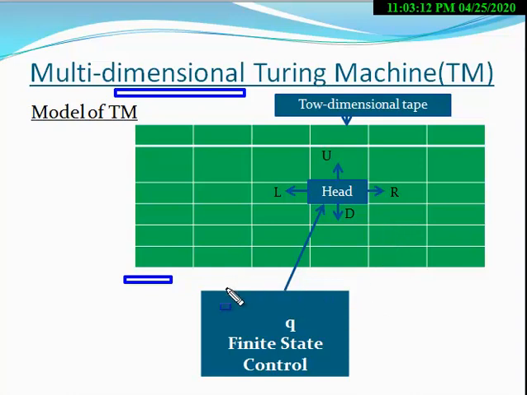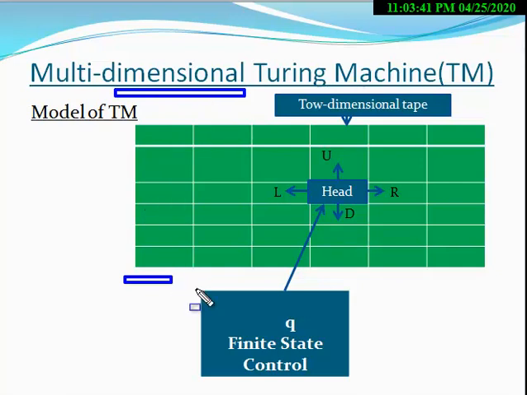The set of transition rules is defined in the finite state control. According to these transition rules, the machine will move either left, right, up or down, right? So in any direction the machine can move. Here we have taken an example of a two-dimensional tape, but the general form is multi-dimensional.